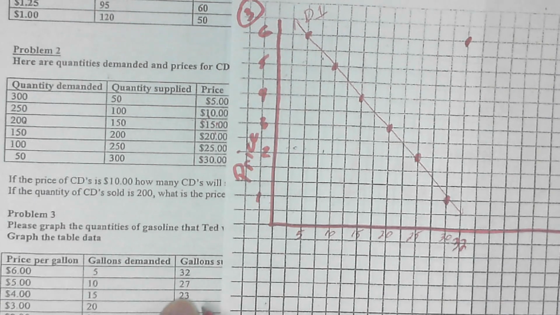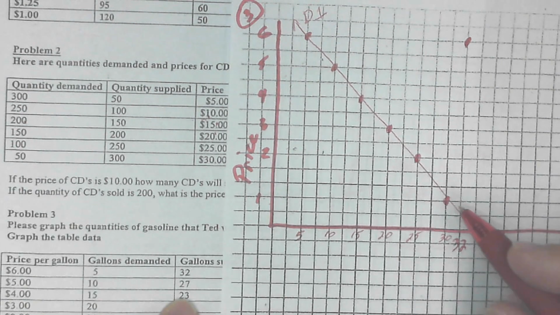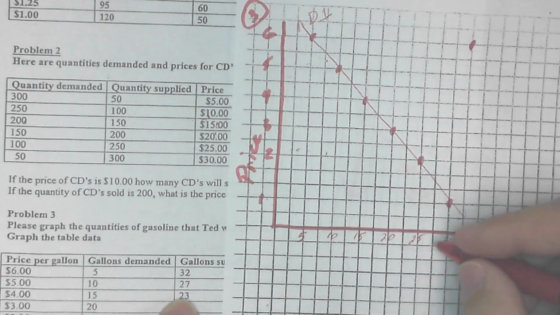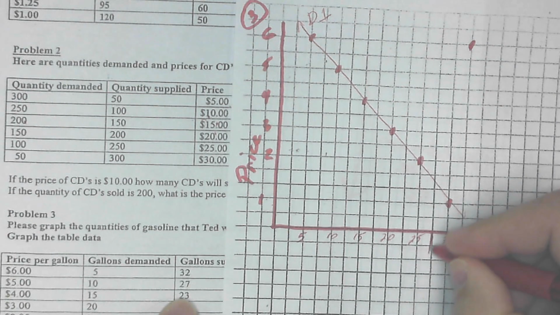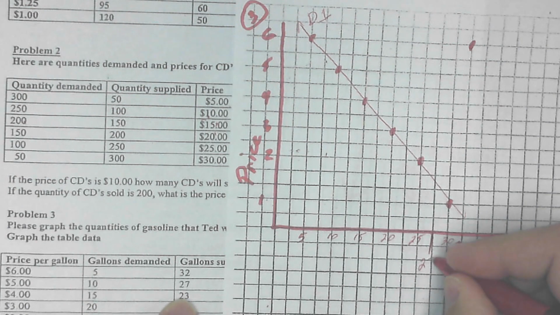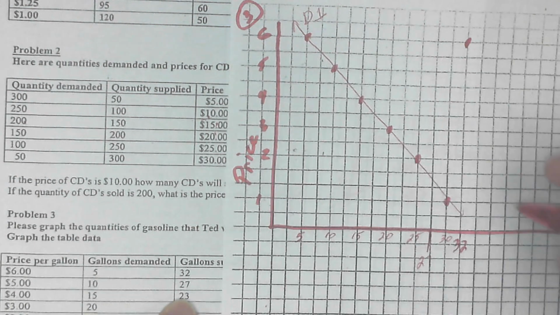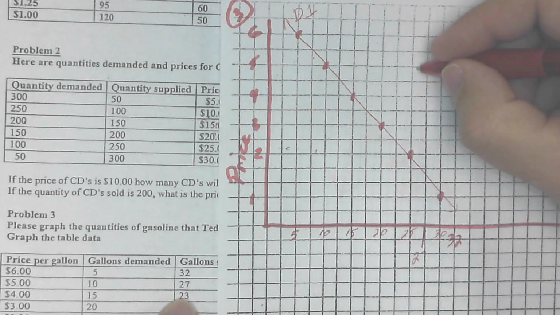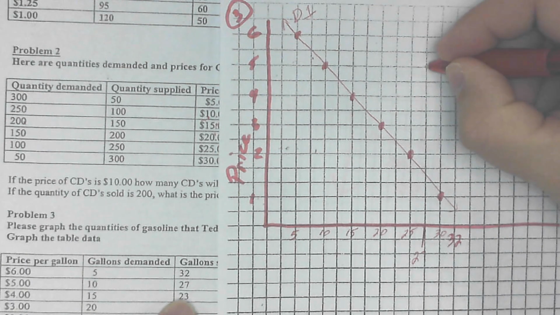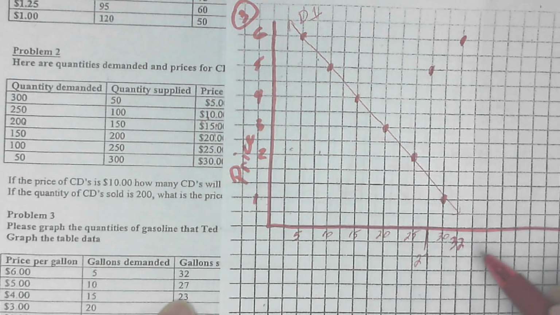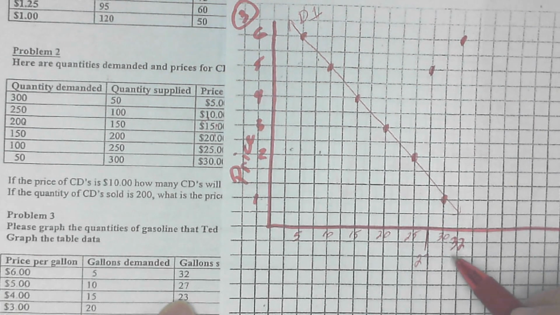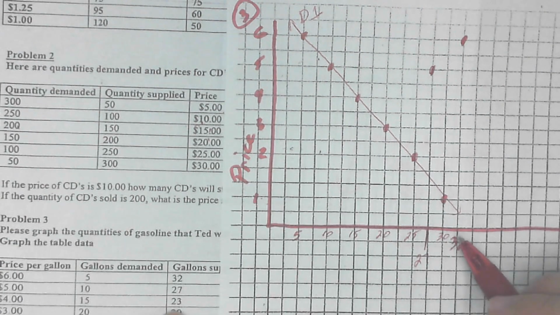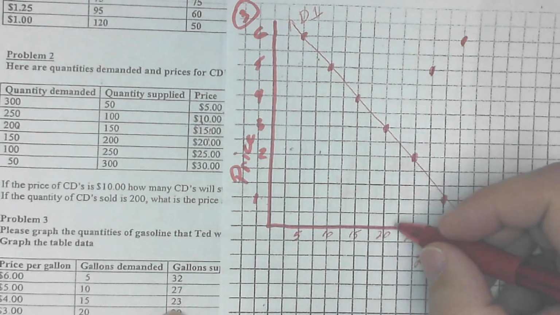And gas goes down to $5, so the amount supplied is 27. So I'll just extend this down to 27. Match that up with the 5. Then 23 for $4 a gallon.